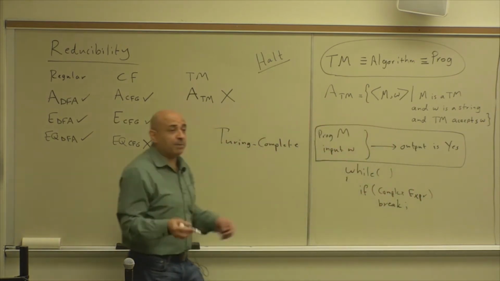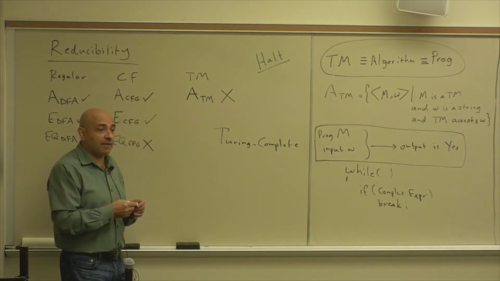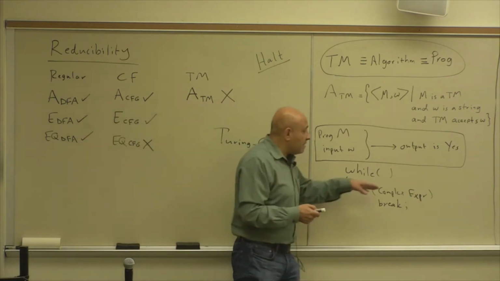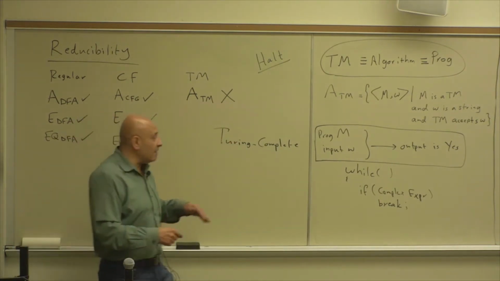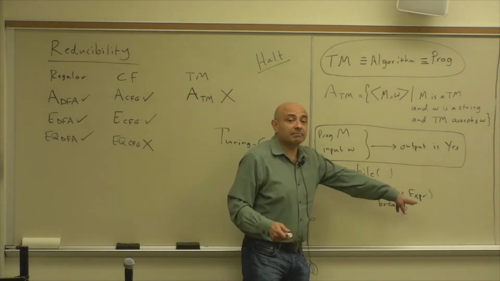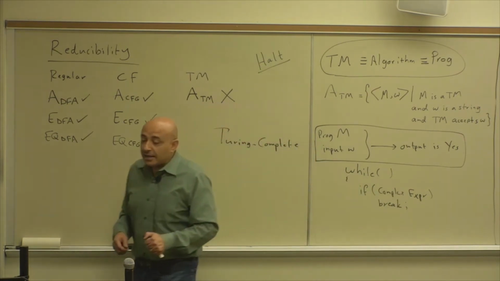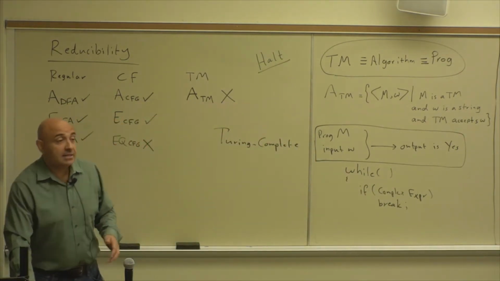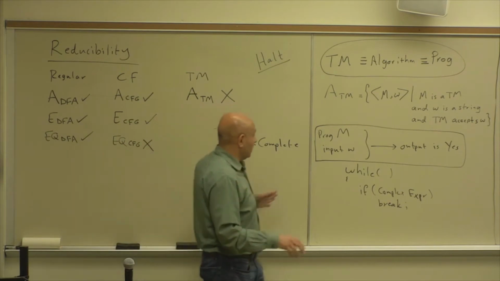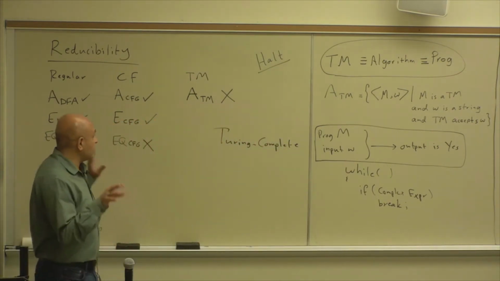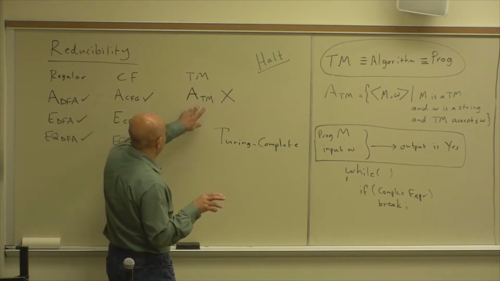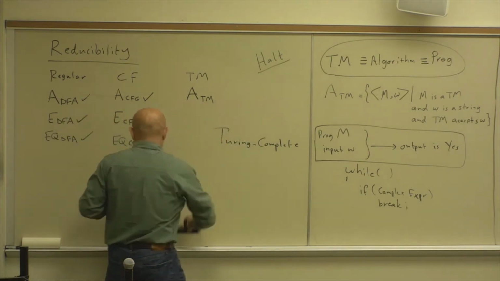This complex expression, if the language is general enough, can be very, very complex. Right? It can have many, many levels of function calls in it. So analyzing it in general is not possible. And analyzing a general program is not possible. Okay, so that summarizes the intuition behind ATM is not decidable.